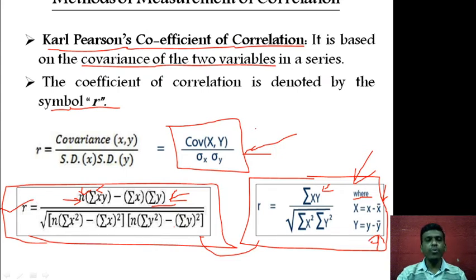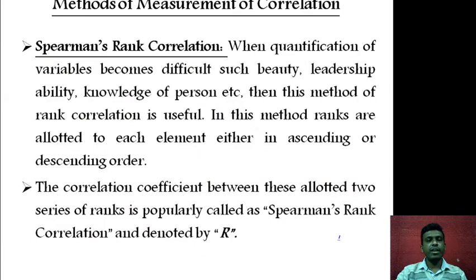So I hope you are clear about Karl Pearson's coefficient of correlation. Now let us move towards the next technique, that is Spearman's rank correlation method. As I've said, whenever quantification of data is easy, we go for Karl Pearson's coefficient of correlation.